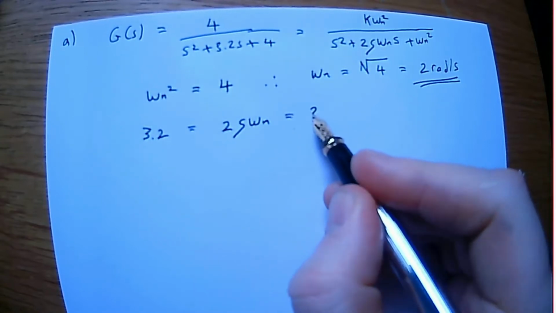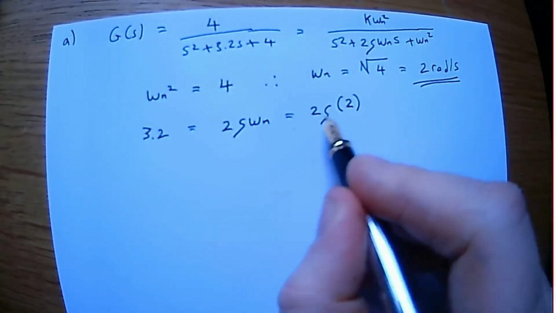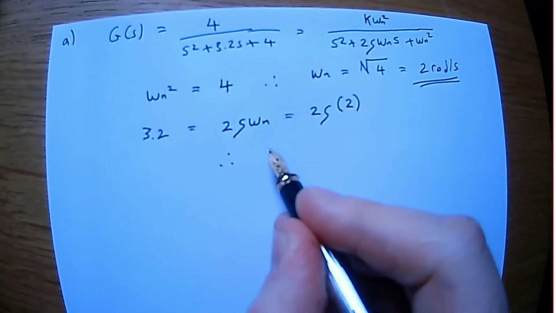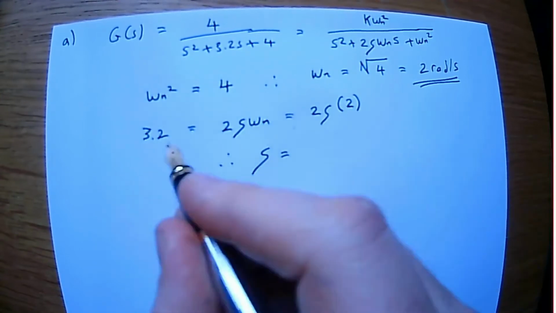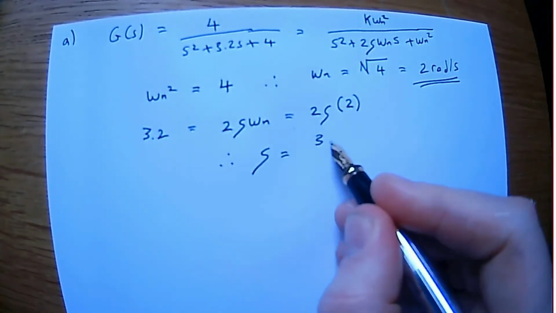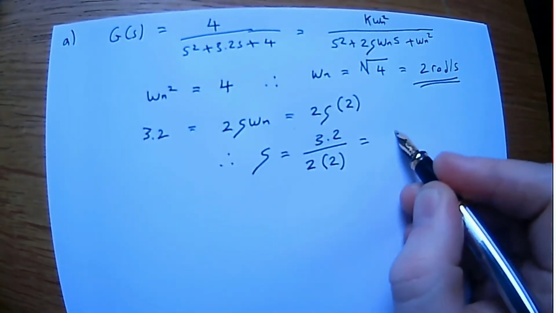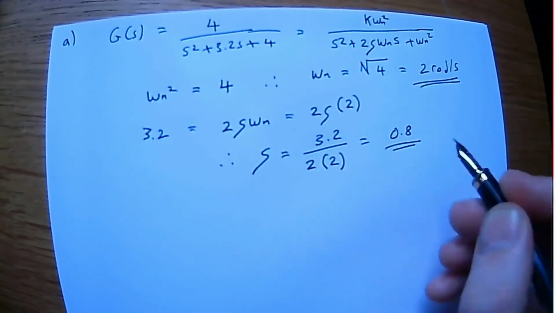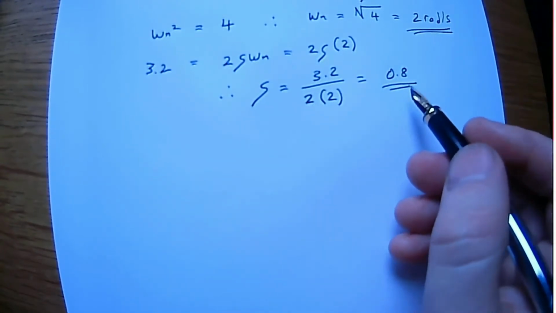We know omega n because we've just worked it out, so we can rearrange to make zeta the subject: 3.2 divided by 2 multiplied by 2, which is 0.8. So we've got the natural frequency and the damping ratio.